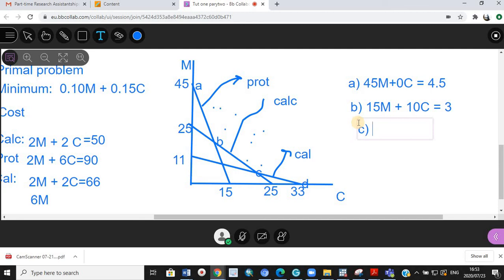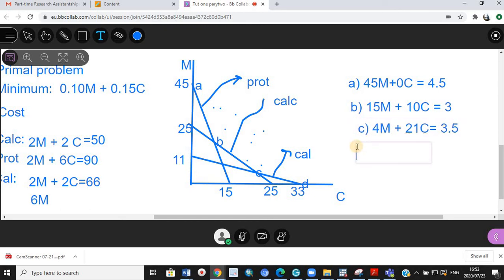4m plus 21c. Multiplying by its price, this should be equal to 3.55.